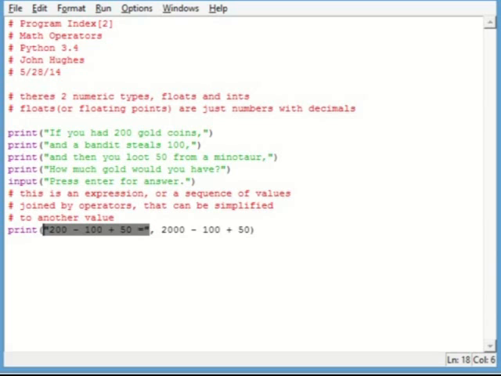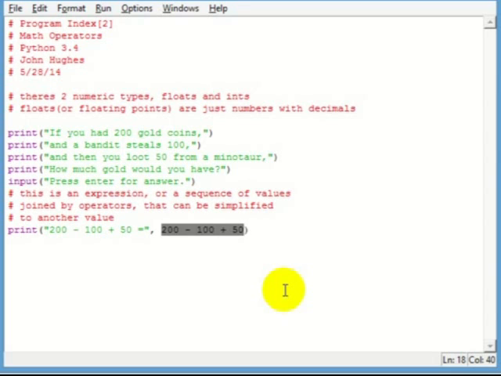And that is a string and is not evaluated. That is not an expression. This right here, that should be 200. 200 minus 100 plus 50, that is an expression because it will be evaluated or simplified when we run the program.